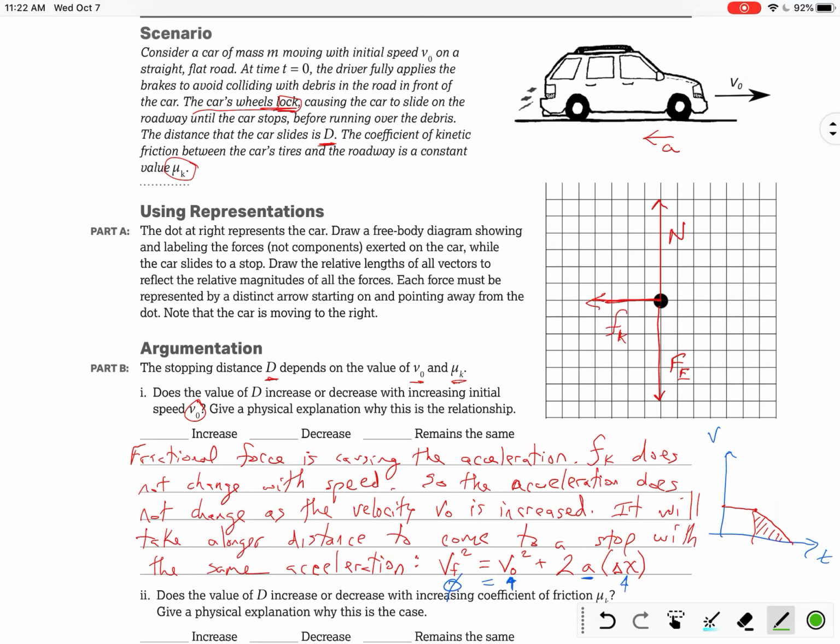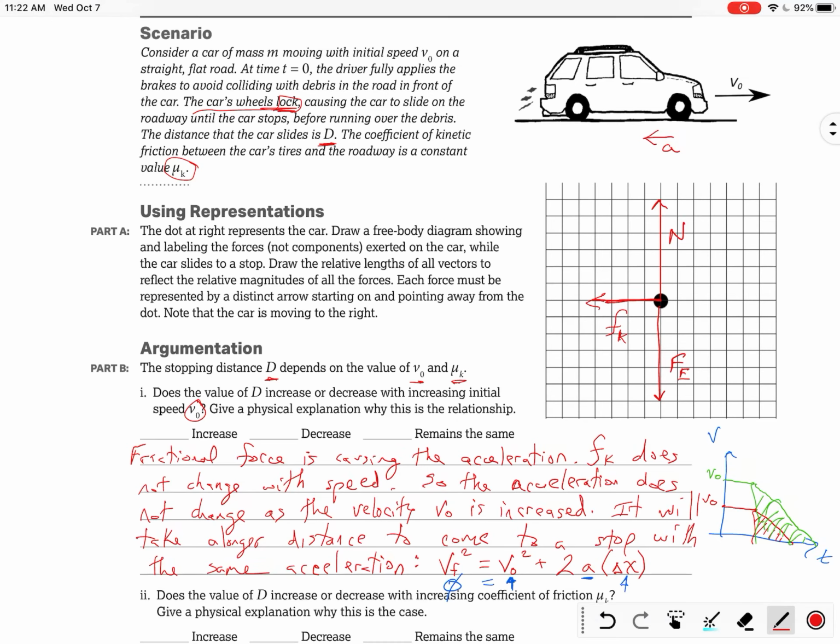Whereas if we start with a higher initial velocity, apply the brakes at the same time and with the same acceleration, then this is our stopping distance, the area under the curve. Obviously the green triangle is bigger than the red triangle, so as initial velocity increases, the stopping distance is going to increase.